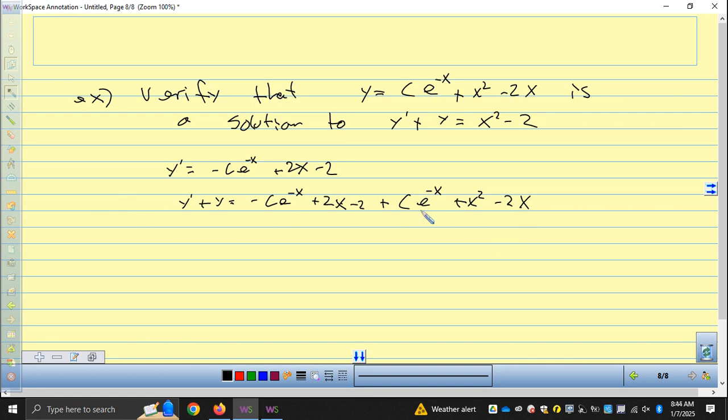And when we do all of this, we get x squared minus 2. We have verified that this is a solution to this differential equation, because we did these derivatives, we added them together, and we get this thing. That's what it means when it says verify that we have a solution. Do the operations and see if it works.